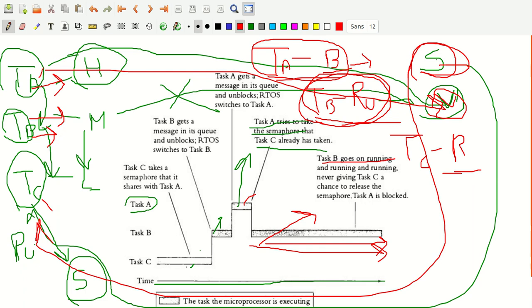Who is holding semaphore S here? Task C is holding the semaphore. Priority inversion happened here. You can just observe: task A, which had high priority, went into the block state, and task B, which has lower priority than task A, is getting executed because of semaphore S only. And semaphore S is held by task C.